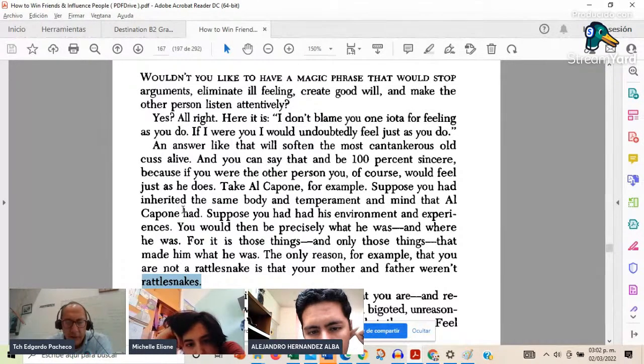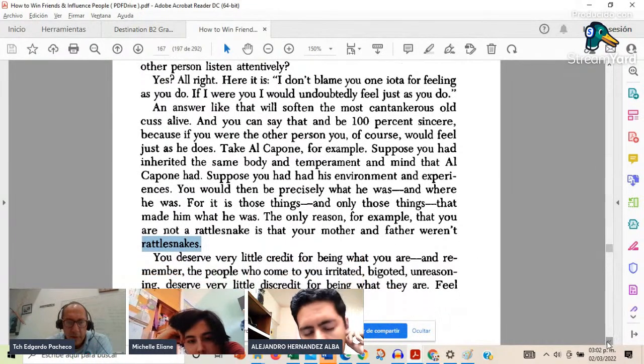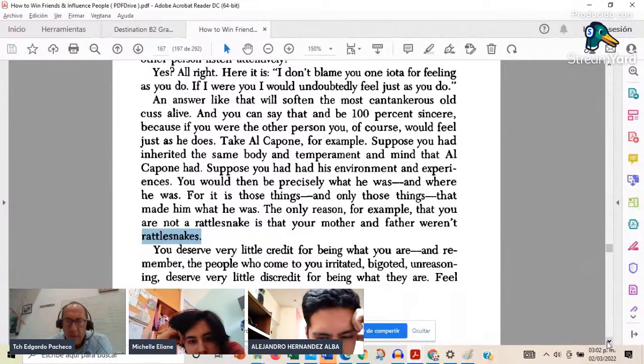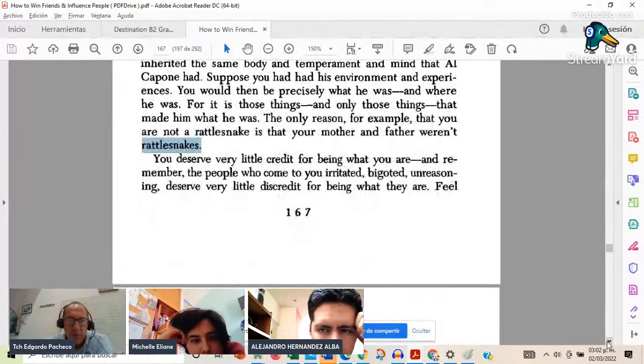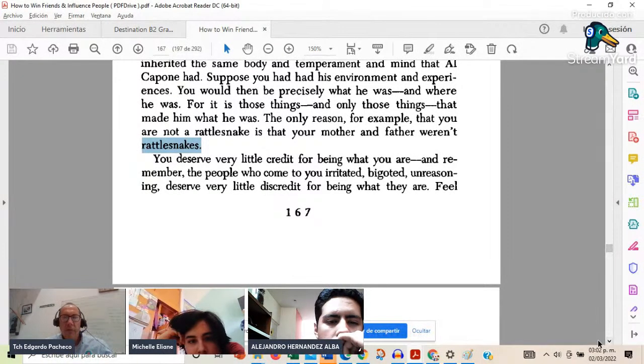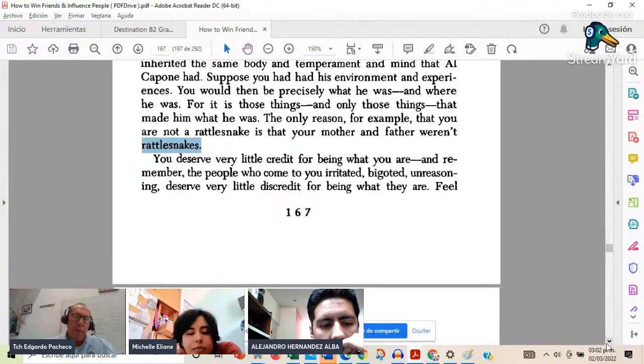You would then be precisely what he was and where he was, for it is those things, and only those things, that can make him what he was. The only reason, for example, that you are not a rattlesnake is that your mother and father were not rattlesnakes. Exactly. If my father was a puma and my mother was a puma, I would be a puma, right? If so, we are what we are because of our genes, DNA, and our circumstances.